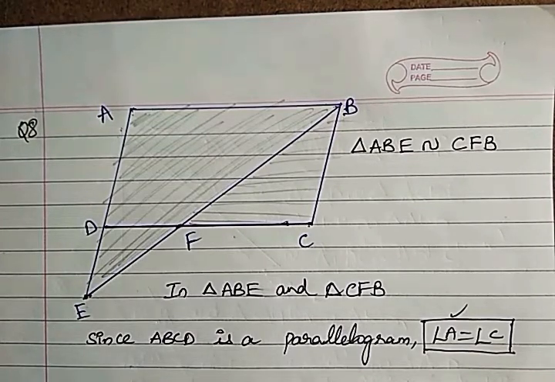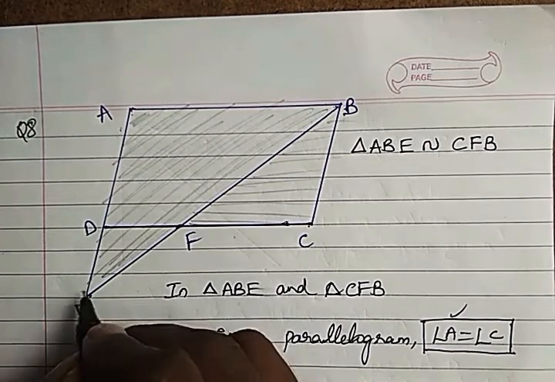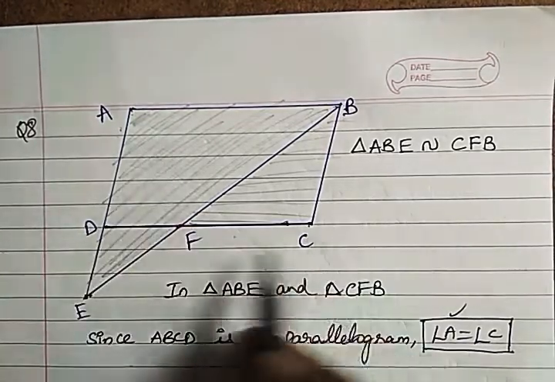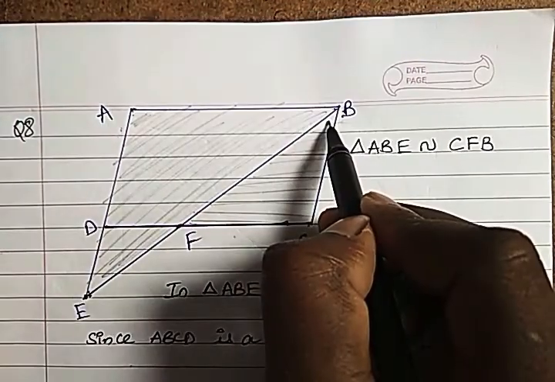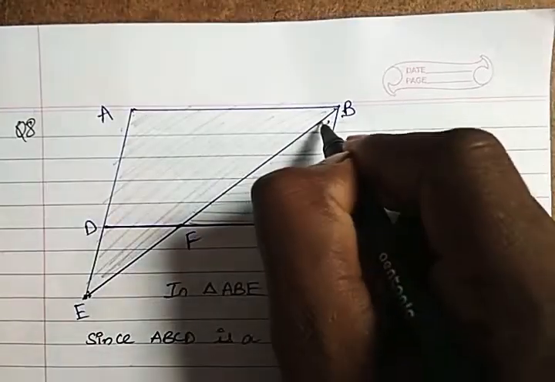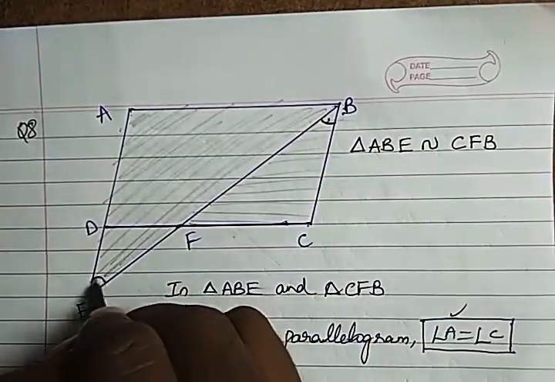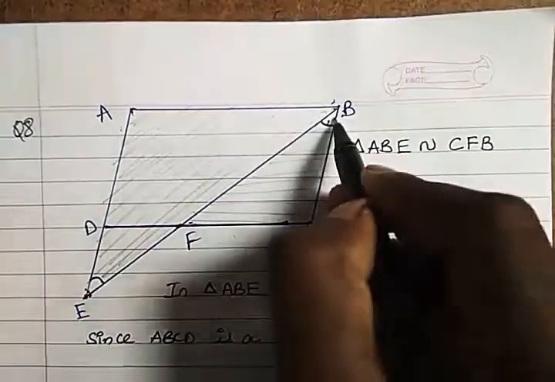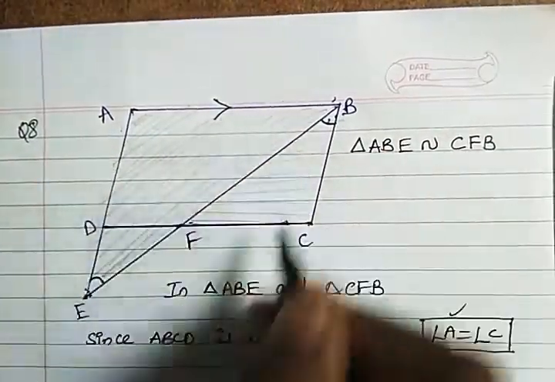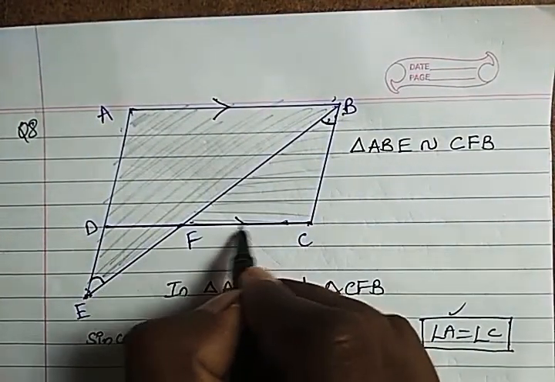If you think of the angle E, look at this angle. Angle E and B in both the triangles. What do you say about these two portions? AB and DC are parallel.